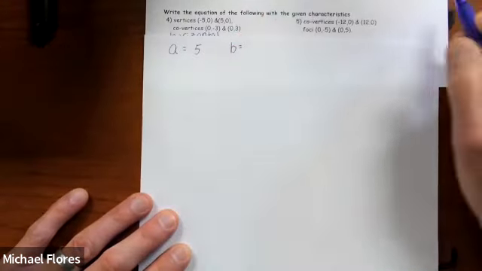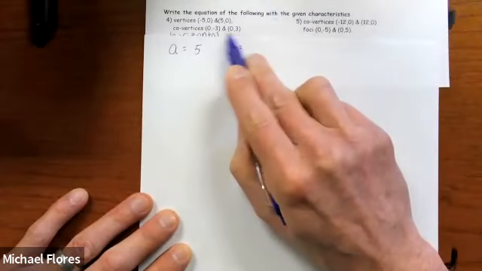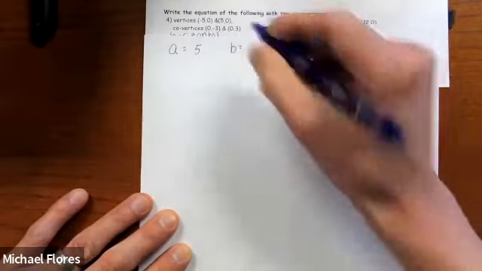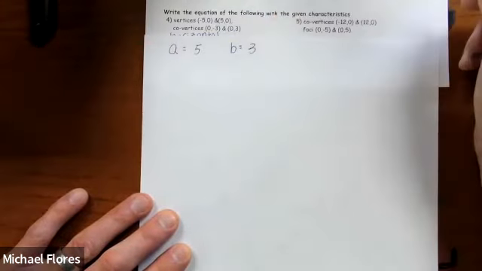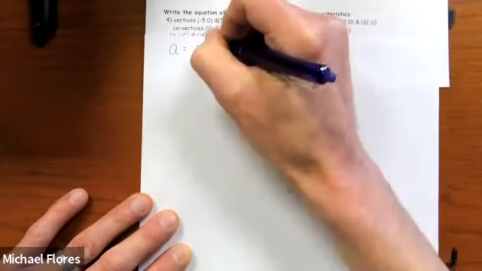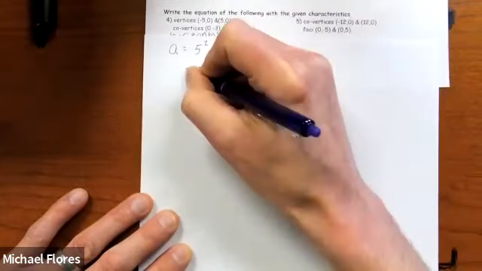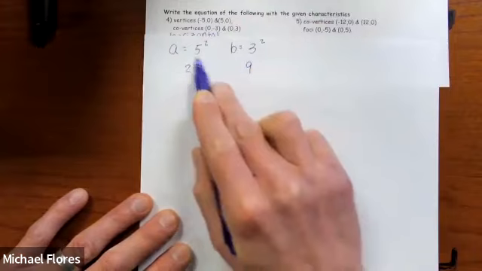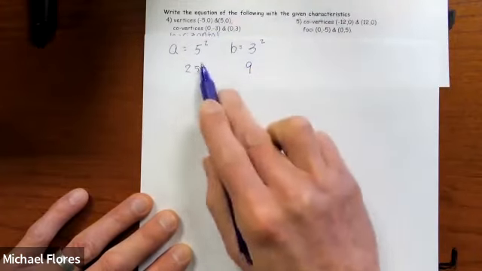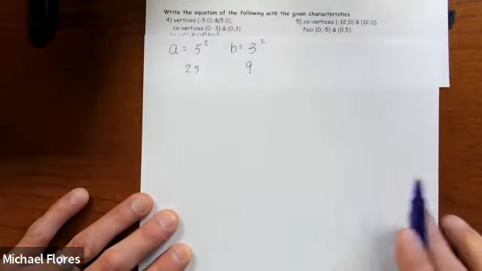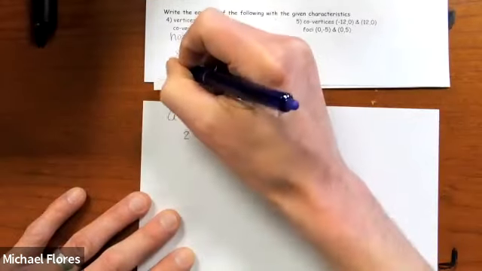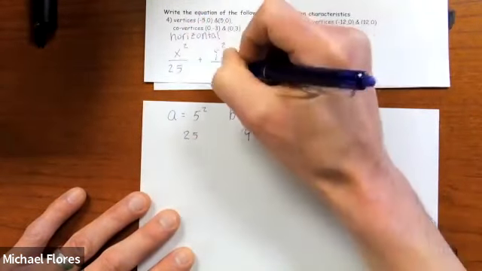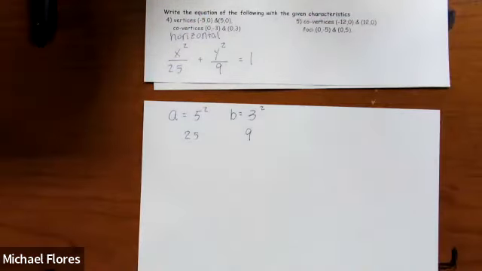Here our b value is 3 units of space from the center. So now you just want to square both of these. 25 and 9. This number is going to go below your x. This number is going to go below your y. And that one is now done.